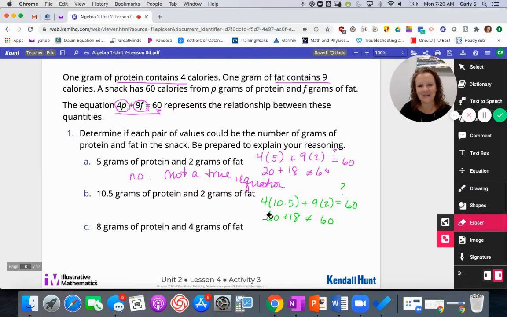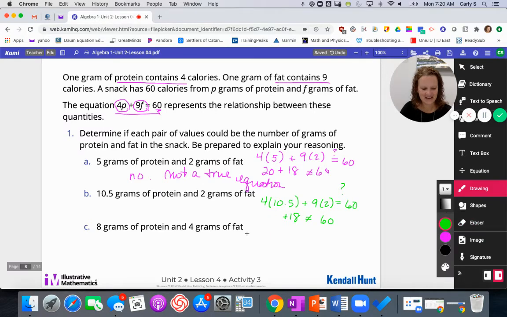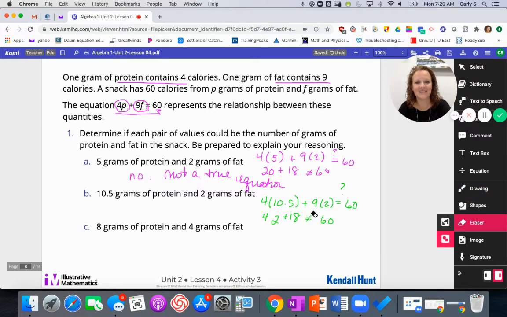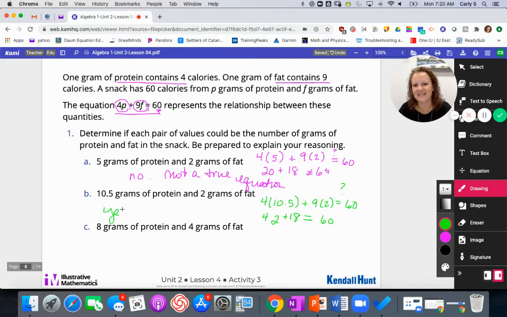I tried to work it out in my head and it didn't work. 42, 50, 60. That is equal to 60. Doing fantastic. Okay, so yes. True equation. All right, how about 8 grams of protein?